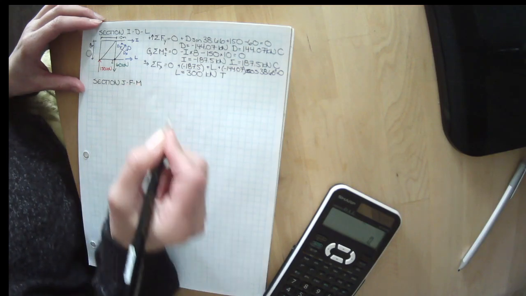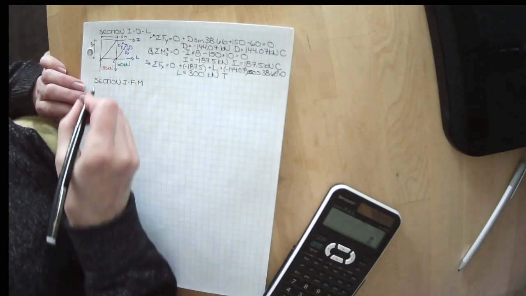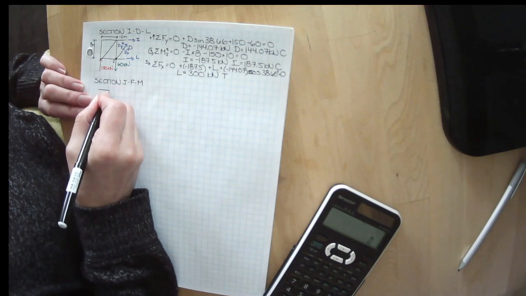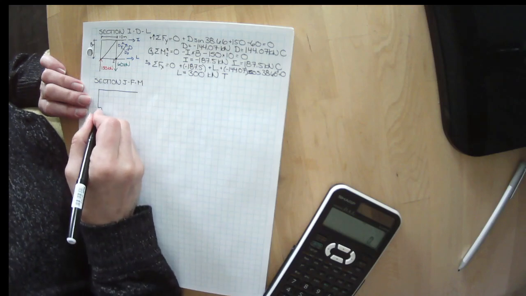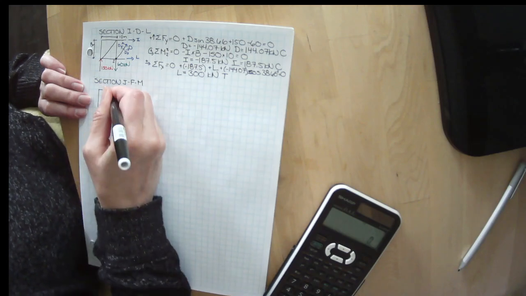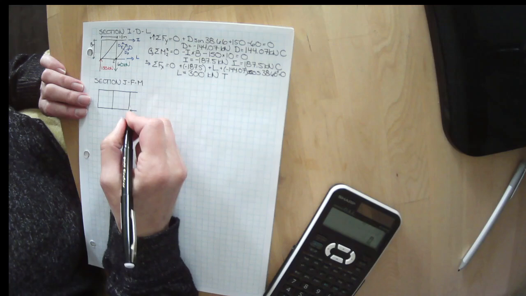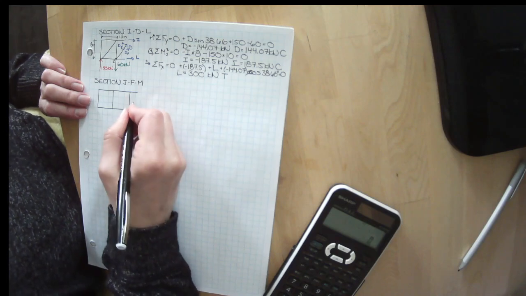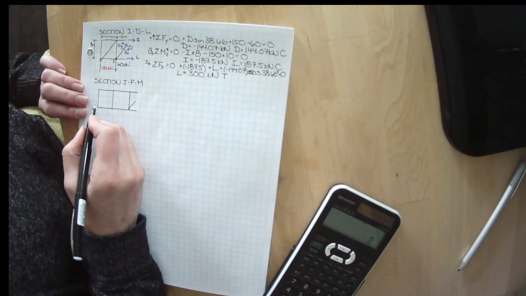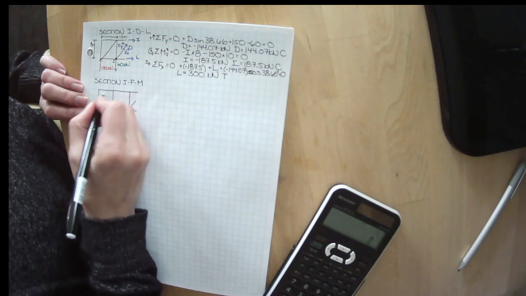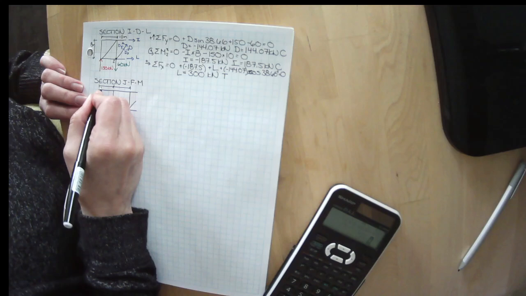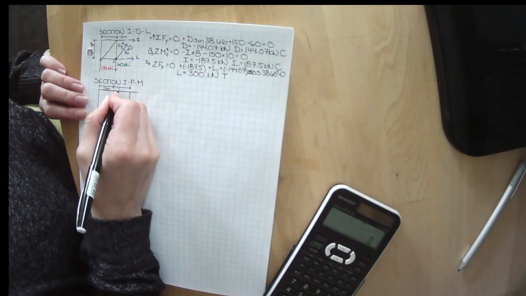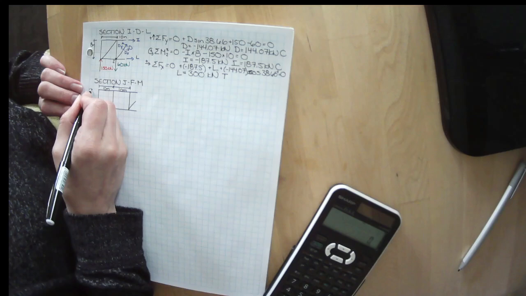We'll cut through JFM now. So I'll draw this section for myself just to help me keep track of things. We know that this is 10 meters and 10 meters.